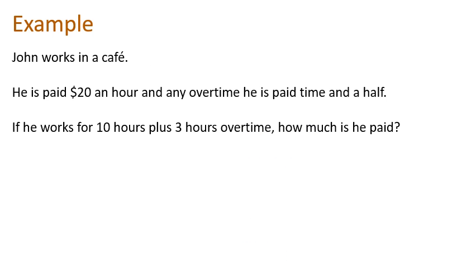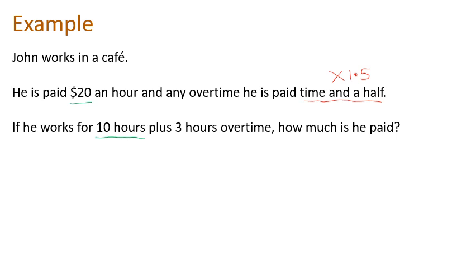Okay, next example. John works in a cafe. He's paid $20 an hour, and any overtime, he's paid time and a half. So time and a half, we need to multiply by 1.5. If he works for 10 hours plus 3 hours overtime, how much is he paid? So he works for 10 hours at normal pay.